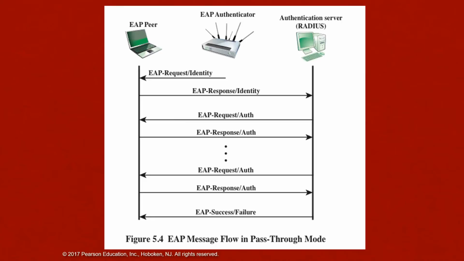The selected EAP method determines the number of request-response pairs. During the exchange, the appropriate authentication information, including key material, is exchanged. The exchange ends when the server determines that authentication has succeeded or that no further attempt can be made and authentication has failed.